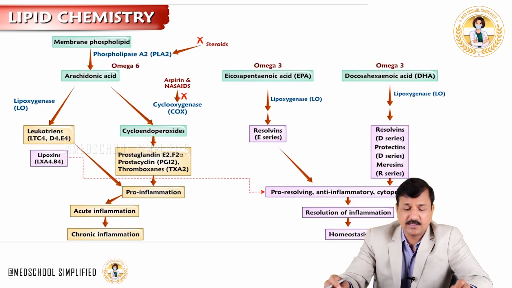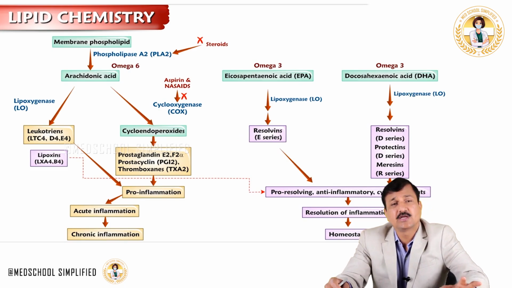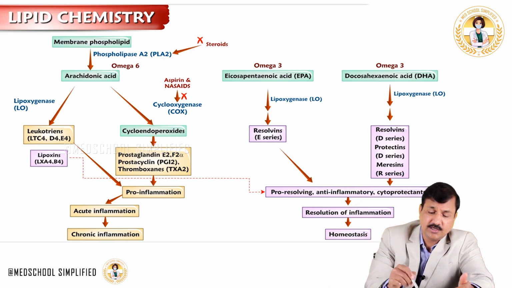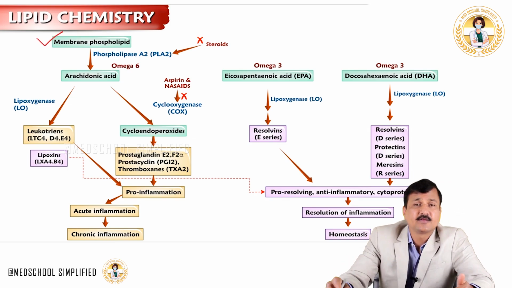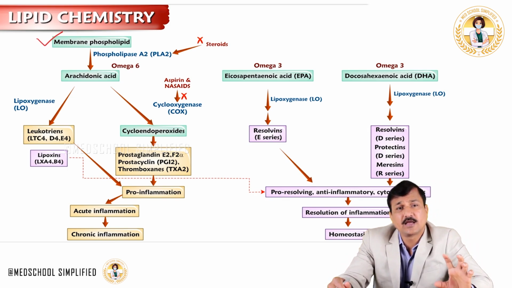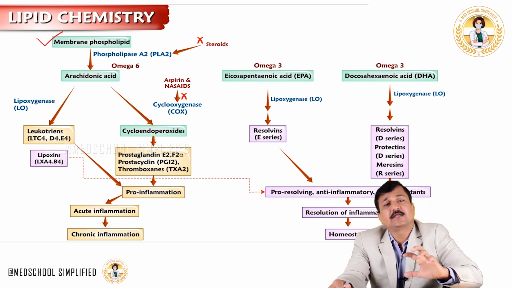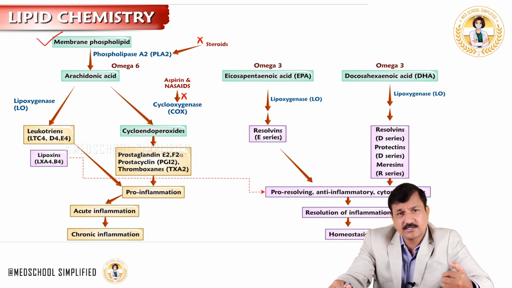So here is the figure that will show you how these essential fatty acids will help us in fighting against infection or in the inflammatory process. Here is the membrane phospholipid that is containing any of these essential fatty acids and their derivatives, like arachidonic acid. Arachidonic acid is a derivative of linoleic acid.